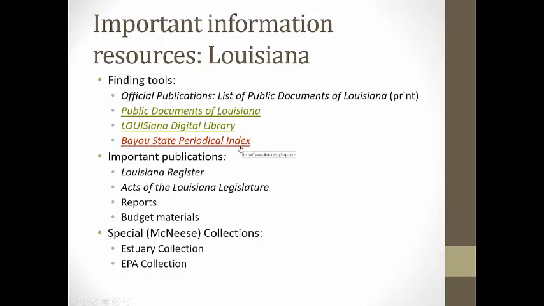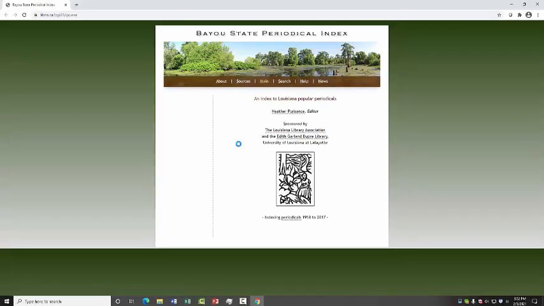Okay, the next is the Bayou State Periodical Index. It's a subject index to articles in Louisiana periodicals published between 1958 and today. You can search by keyword, subject heading, or author.